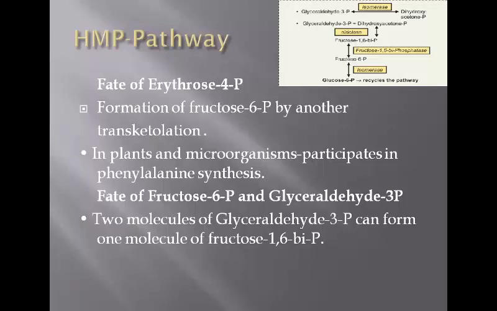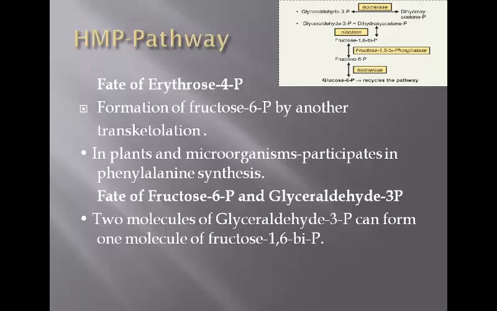It takes part in transketolation in the HMP pathway, as we saw, and it also participates in plants and microorganisms in the synthesis of phenylalanine. The fructose 6-phosphate and glyceraldehyde 3-phosphate which are formed also take part in further reactions.